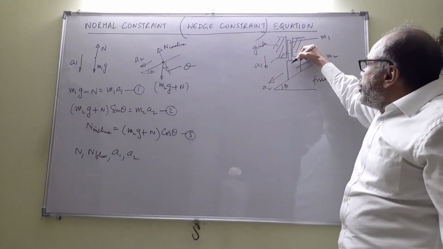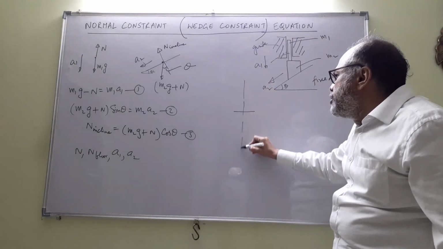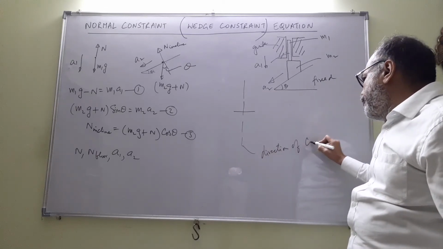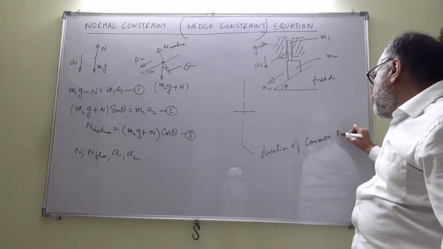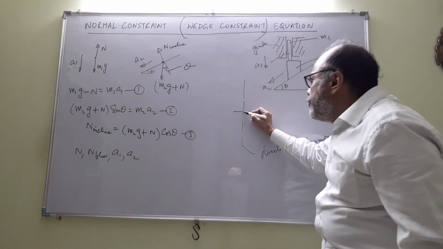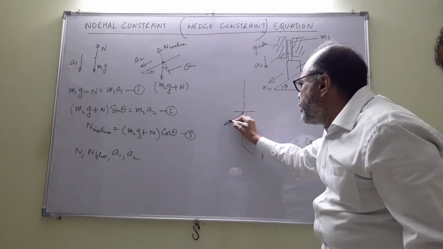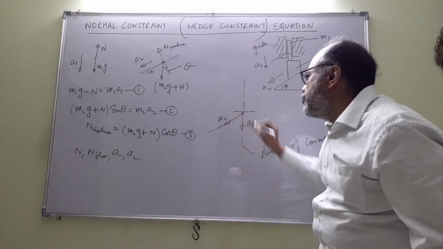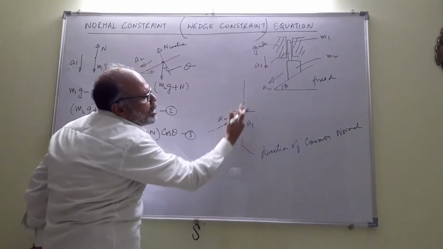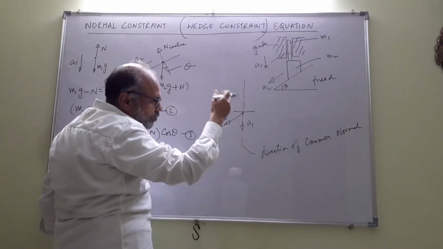The contact surfaces are horizontal. So this is going to be the direction of the common normal. Now A1 we will show along this, because A1 is vertically downward, and this is A2. The component of A1 along the direction of common normal is A1 itself, because A1 is along the common normal.